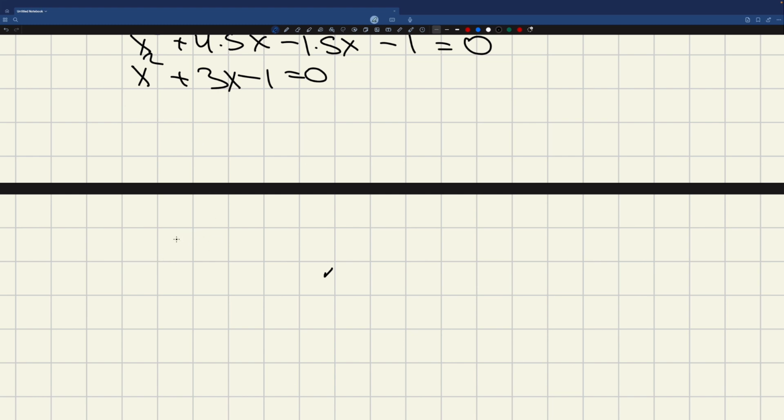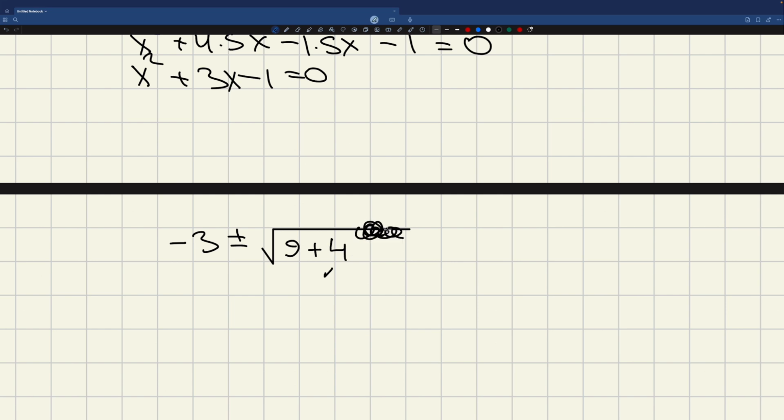So negative b plus or minus the square root of b squared minus 4ac. Now ac is -1, so 4ac must be minus 4 times a times c, which is minus 4 times -1, which is 4.